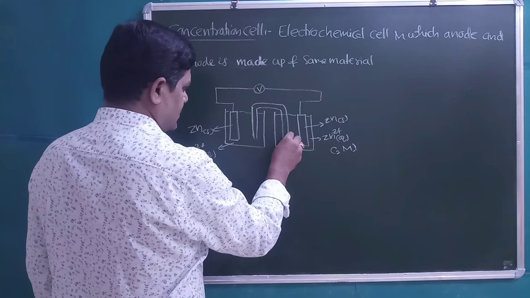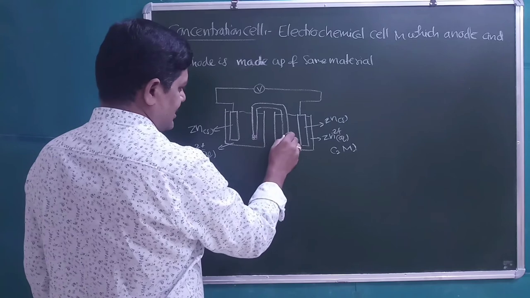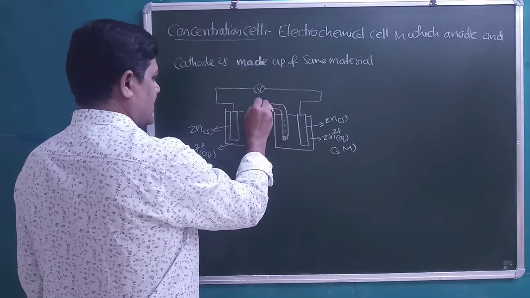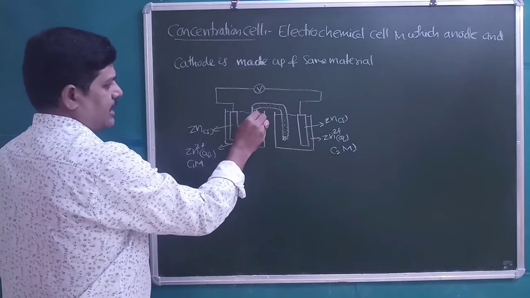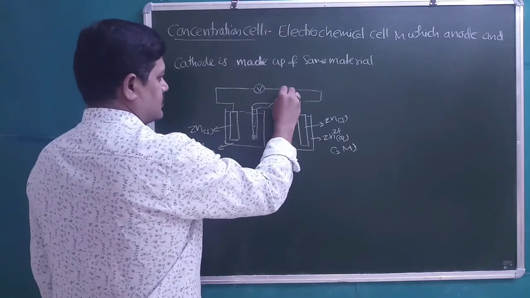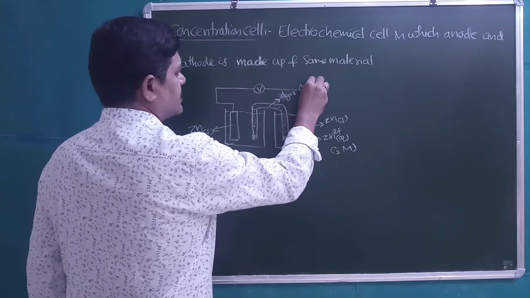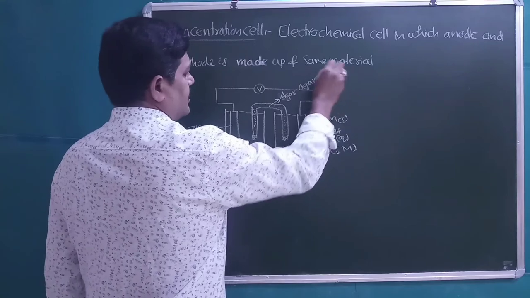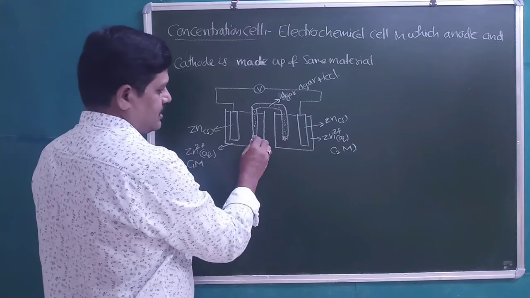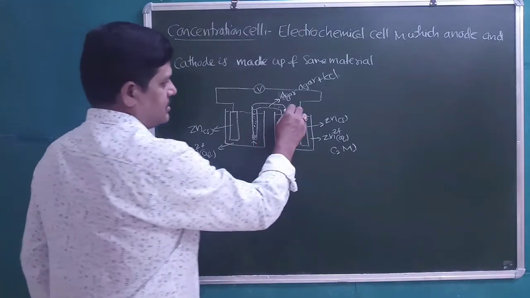The salt bridge has two porous plugs fitted and is filled with the organic substance agar and a strong electrolyte like KCl or KNO3. Agar plus KCl is made into a paste-like substance and two porous plugs are fitted, so ion flow is possible through this salt bridge. This is a salt bridge.